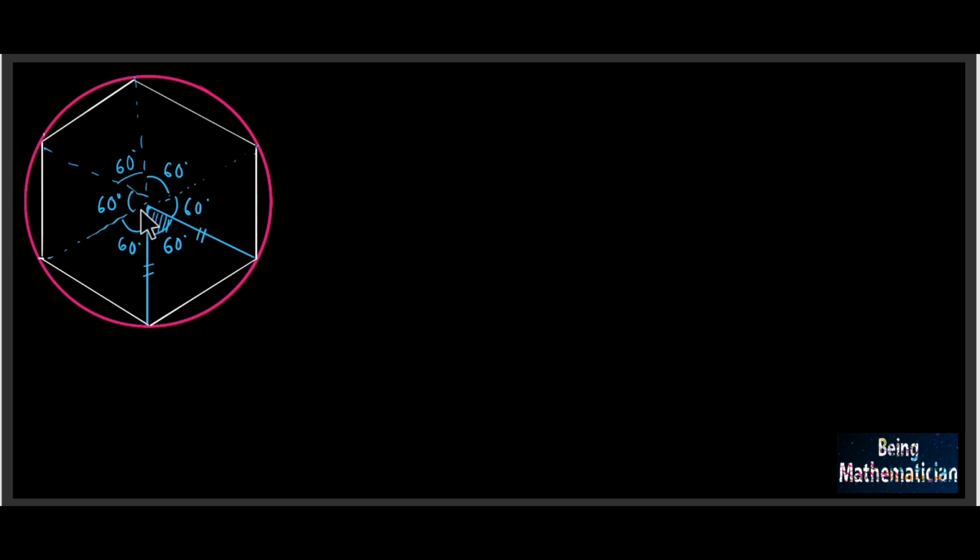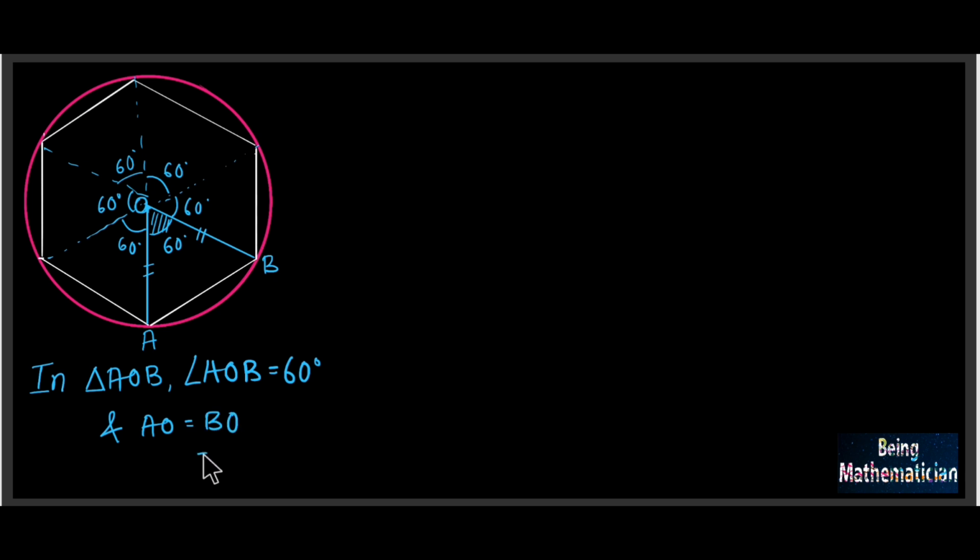So in triangle AOB, angle AOB is 60° and AO equal to BO equal to circumradius. So these angles must be 60° and 60°. So clearly AOB is an equilateral triangle.